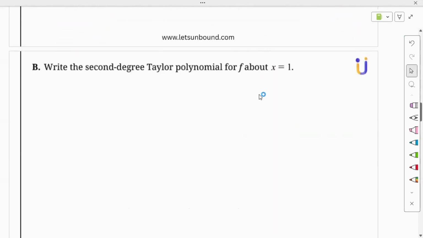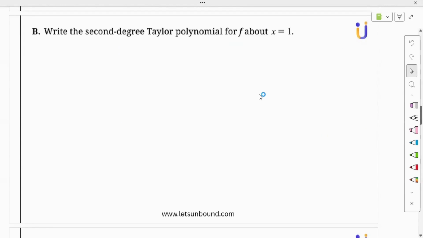Now, part B. Write the second degree Taylor polynomial for f about x is equal to 1. Okay. So second degree polynomial, we can name it P2 of x. How it will go: about the point means f of 1. F of a, you can say, if x is equal to a. So here 1, so f of 1.